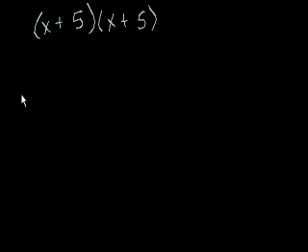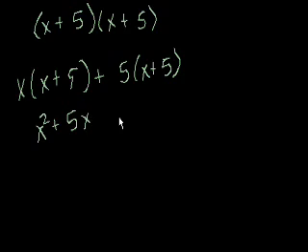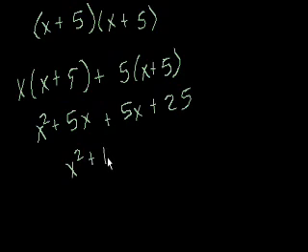So we just say that this is the same thing as x times x plus 5 plus 5 times x plus 5. x squared plus 5x plus 5x plus 25. And that's x squared plus 10x plus 25. So it equals what we said it should equal. And I'm going to once again do another module where I explain this a little bit more.